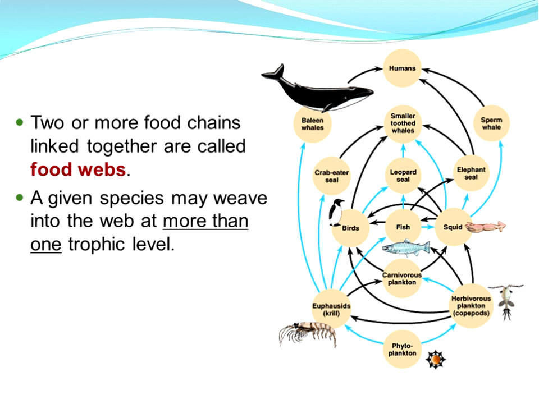And a species could also be at a different trophic level depending on what they're eating at that point in time. Okay, so for instance, let's see if I can find a good example here.